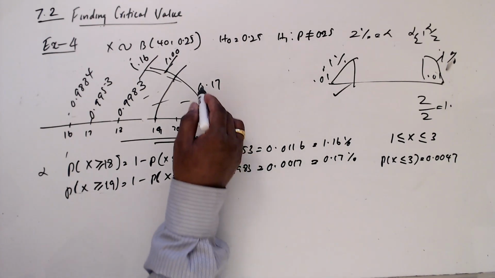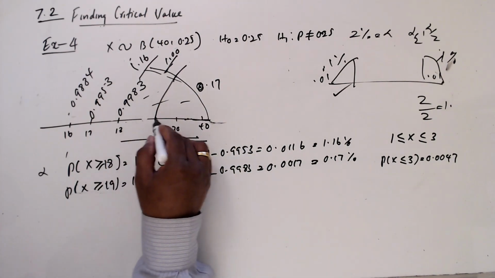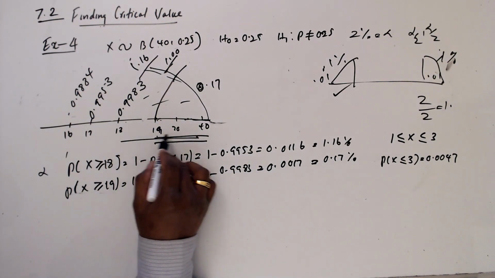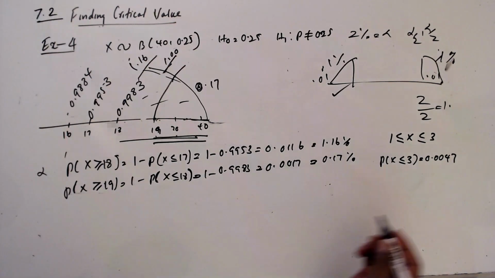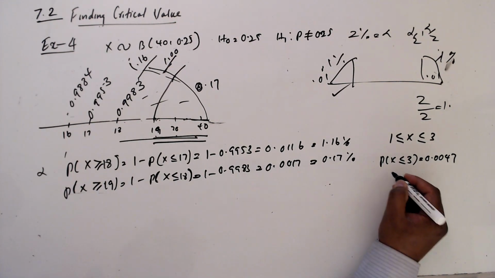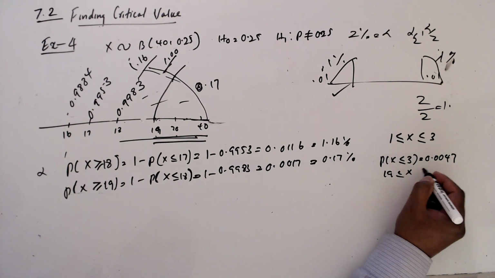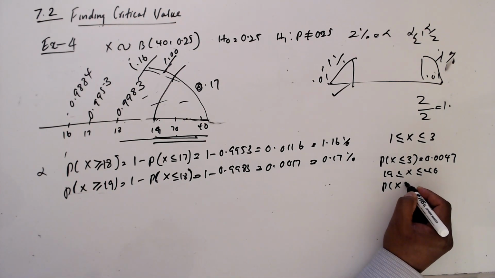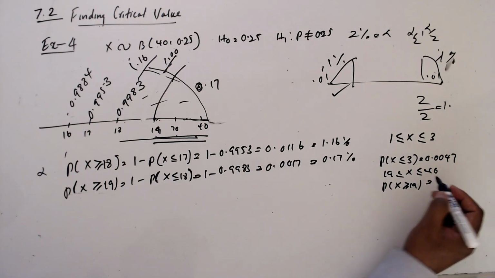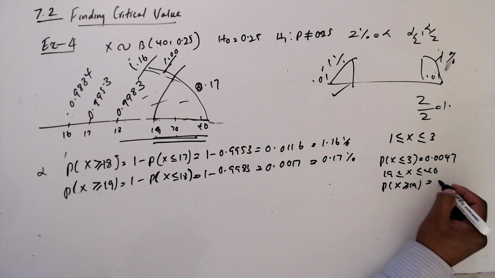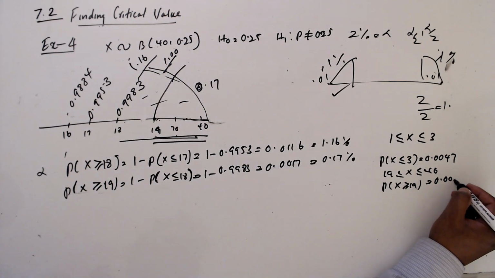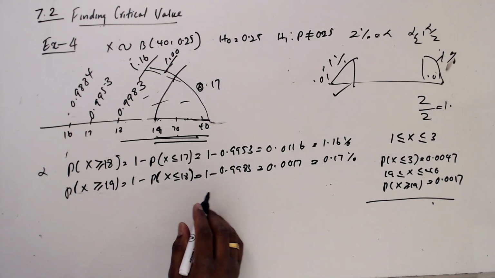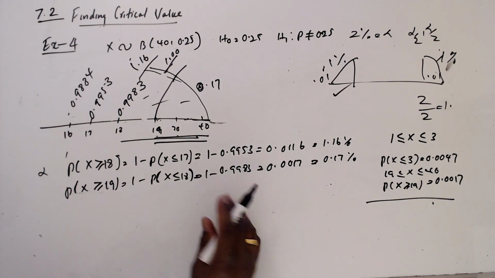Then the only possibility is we have to go back to 19. So the critical region is going to be x from 19 up to 48, and the probability of x greater than or equal to 19 is 0.0017.